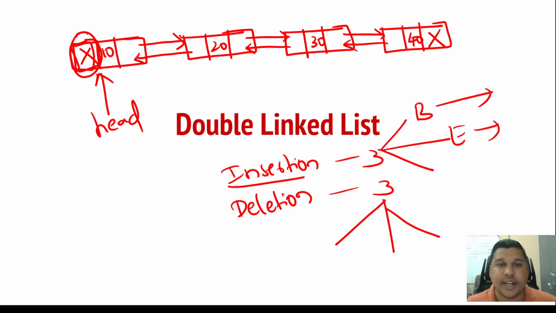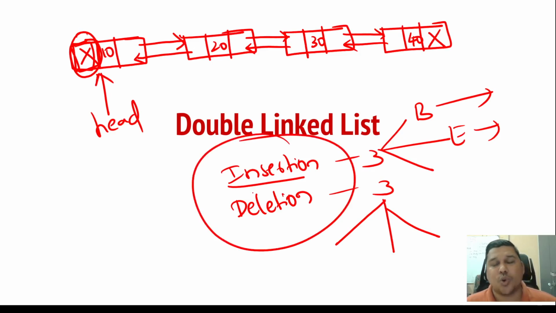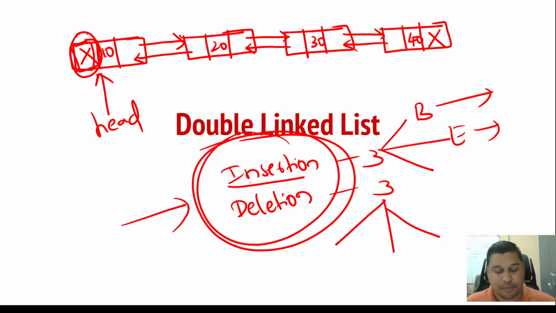So it is very important you should know the logic of how we perform these 6 operations. There are so many placement level questions on linked list which are majorly based on these 6 operations for single linked list or double linked list, whatever it is. So you should know how to write code for these things.